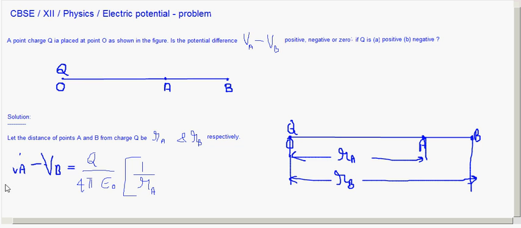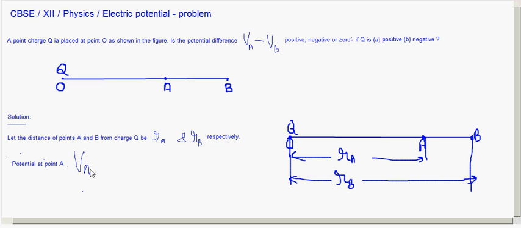So I will write separately. Electric potential at point A, VA, equals Q divided by 4 pi epsilon naught into RA. This is according to the equation which we have derived.